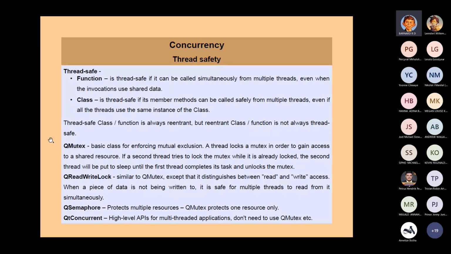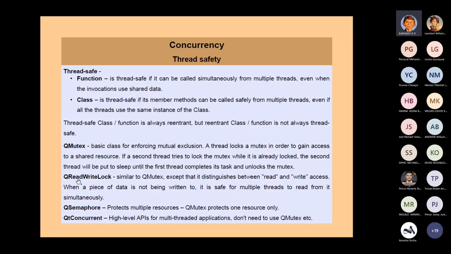Right, so this is one way of enforcing thread safety. The first one to get there implements what's known as a mutex. It basically locks access to any other threads, and then it only unlocks it once it's finished processing and moves on. So using a QMutex is one way of ensuring thread safety.